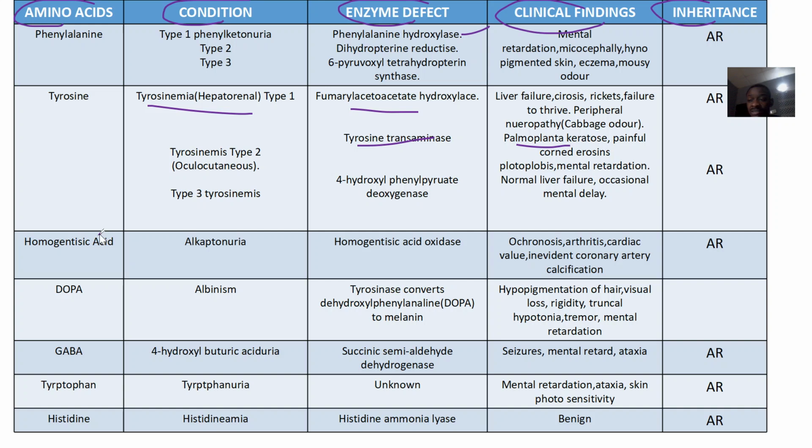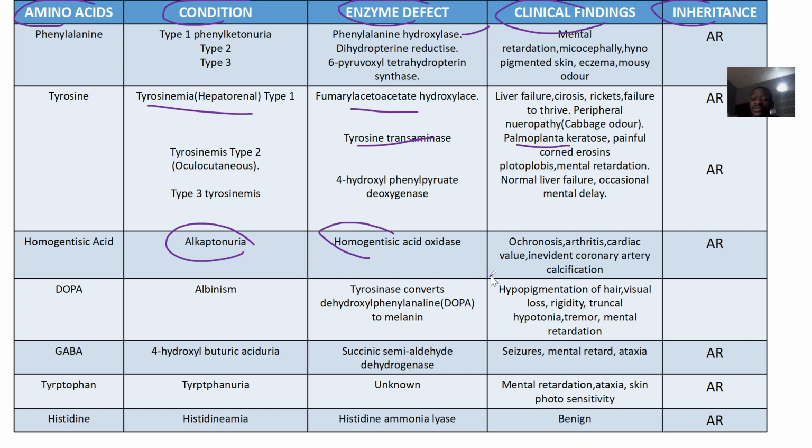Then for homogentisic acid, we have alkaptonuria. It's homogentisate oxidase that is missing. So there's ochronosis, which is the deposition of homogentisic acid in the skin.